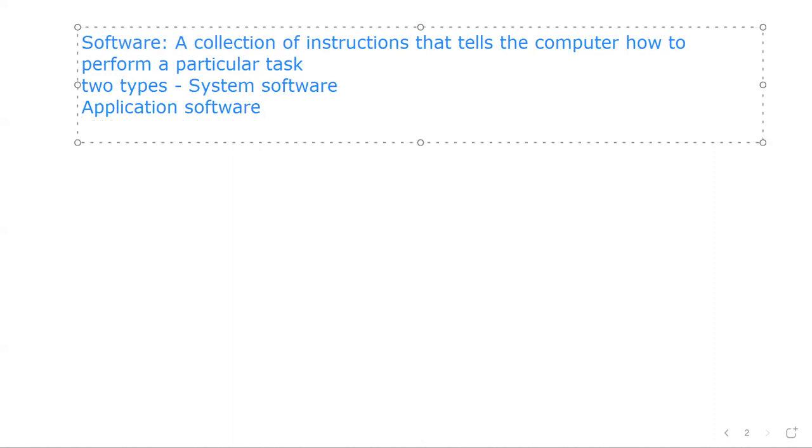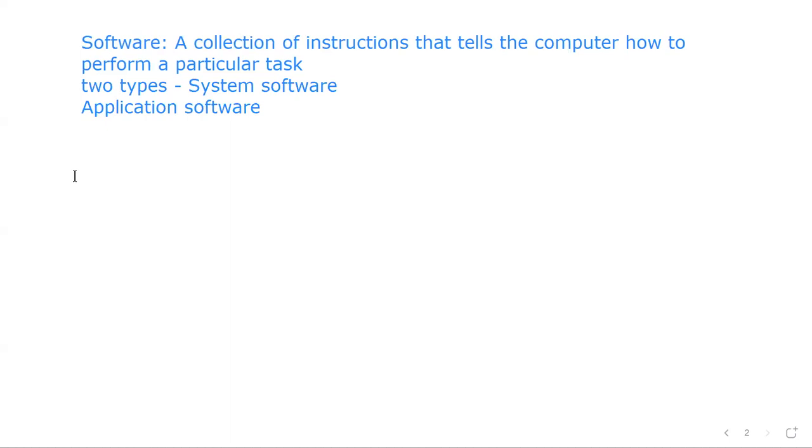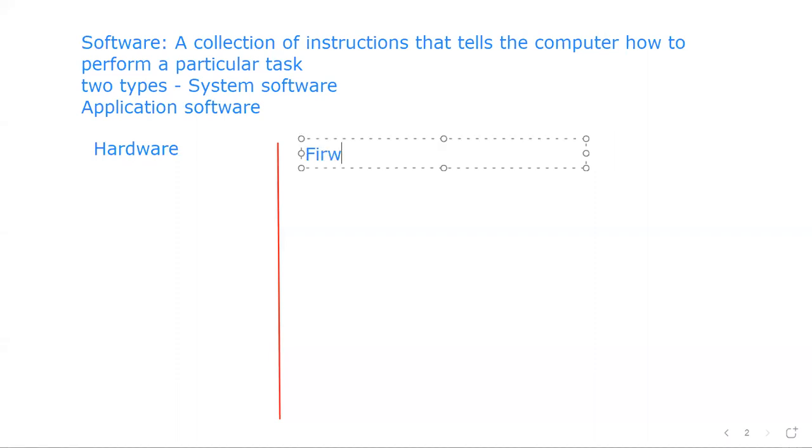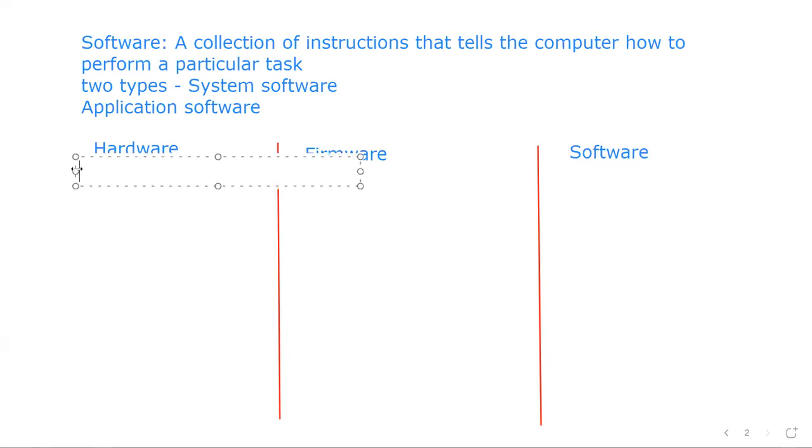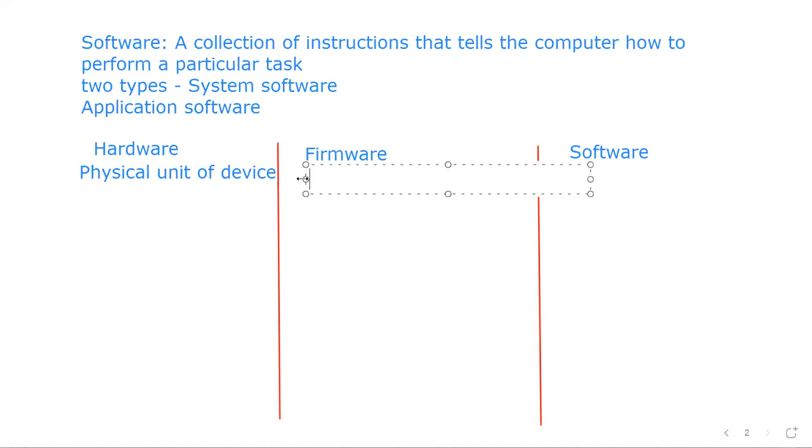The second difference between hardware, software, and firmware: hardware is a physical unit of a device. We can touch it. Firmware is a set of instructions.